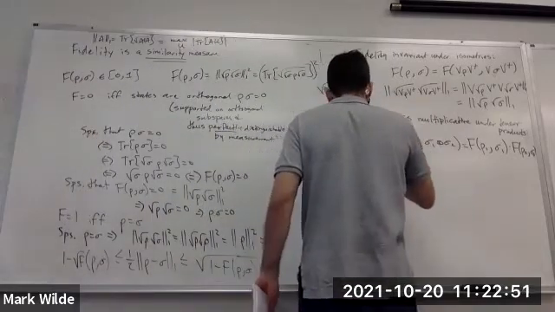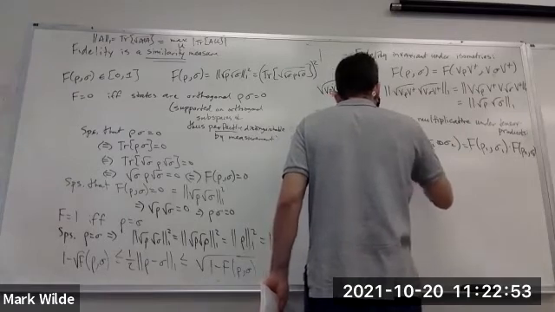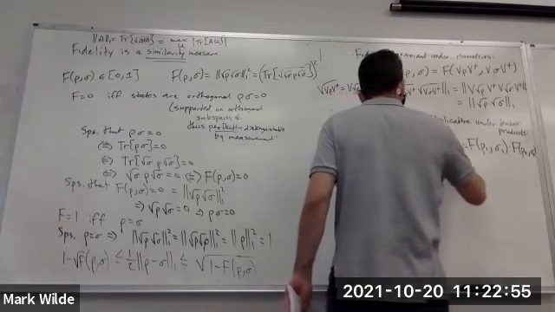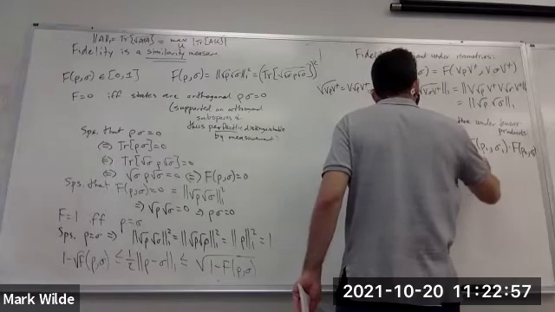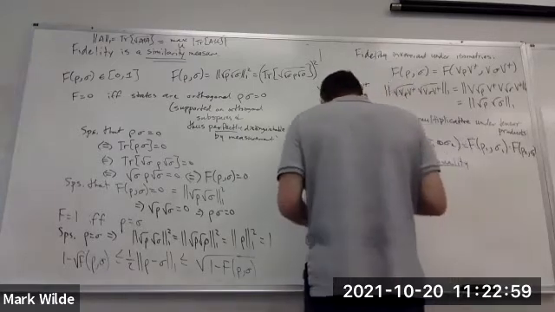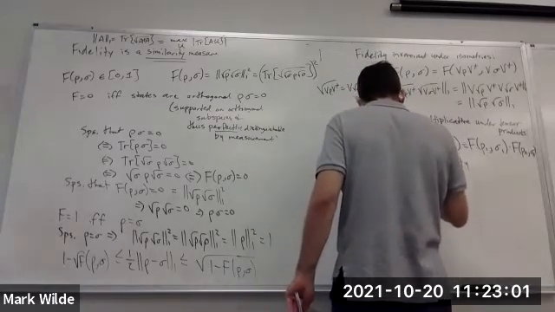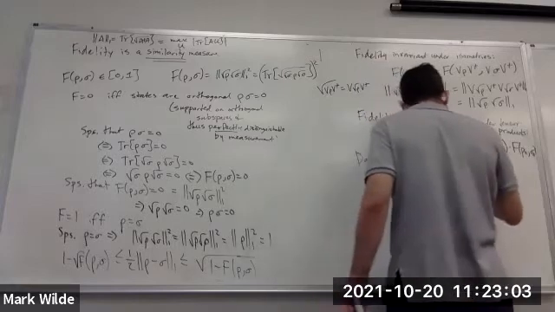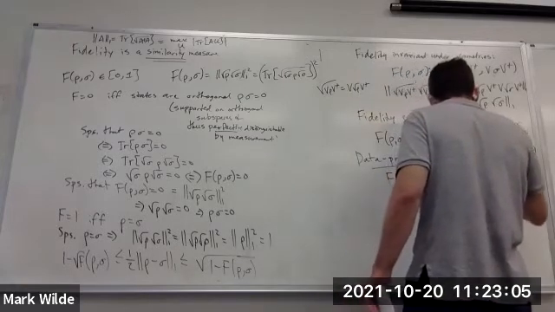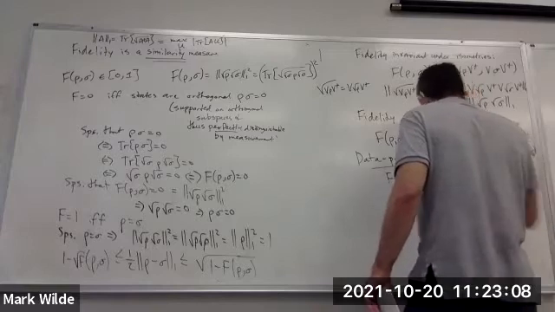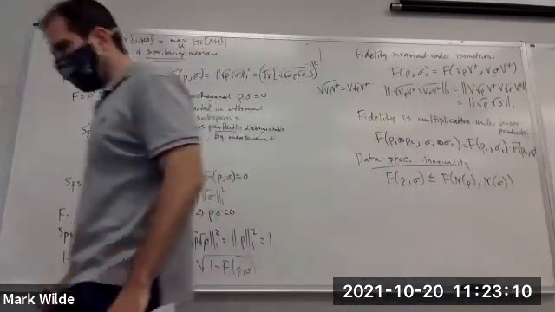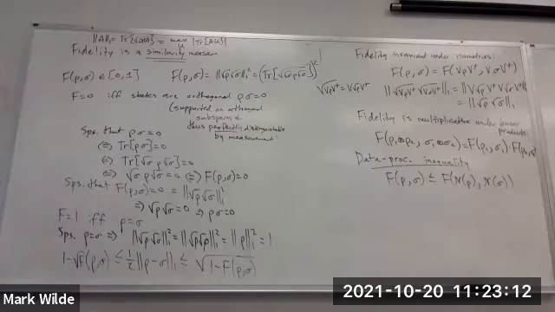So this is the data processing inequality for fidelity. The states under the action of a channel can only stay as similar or become more similar.